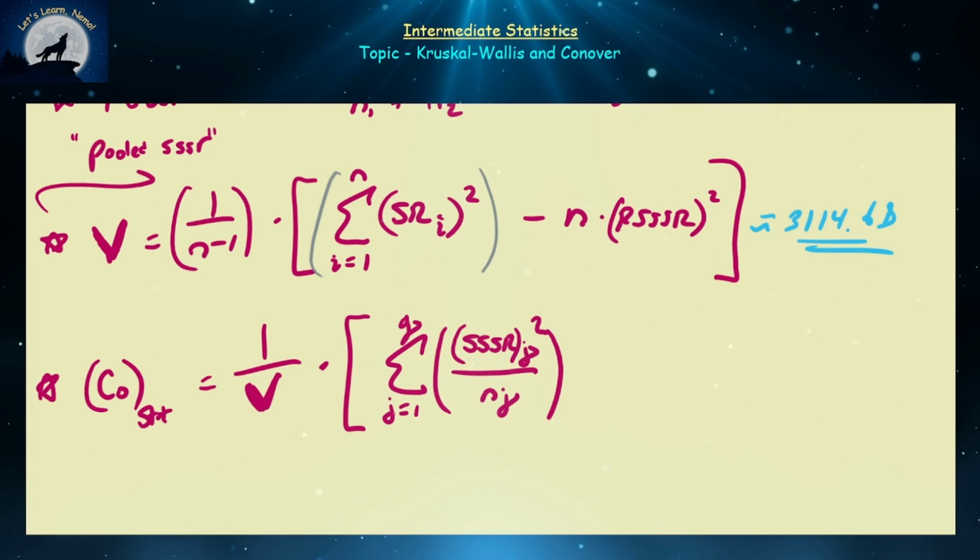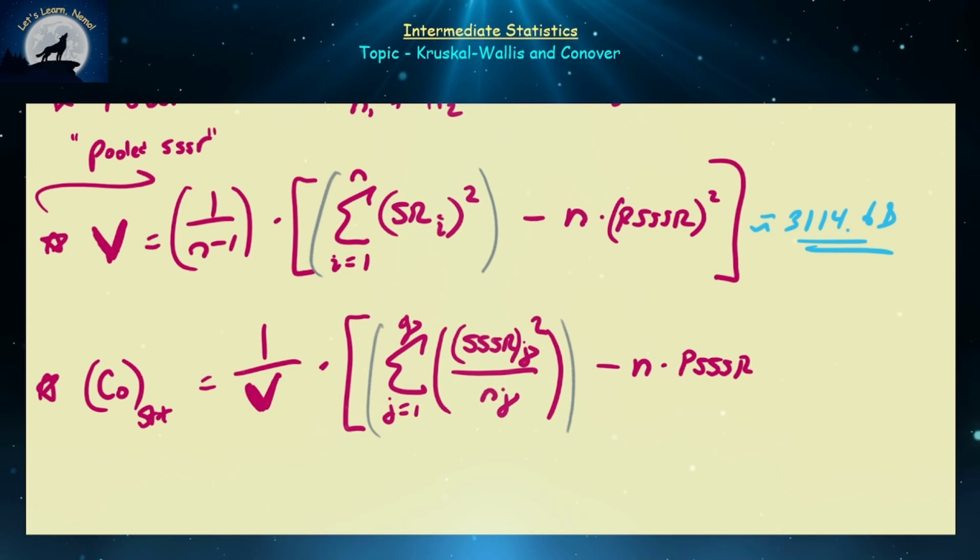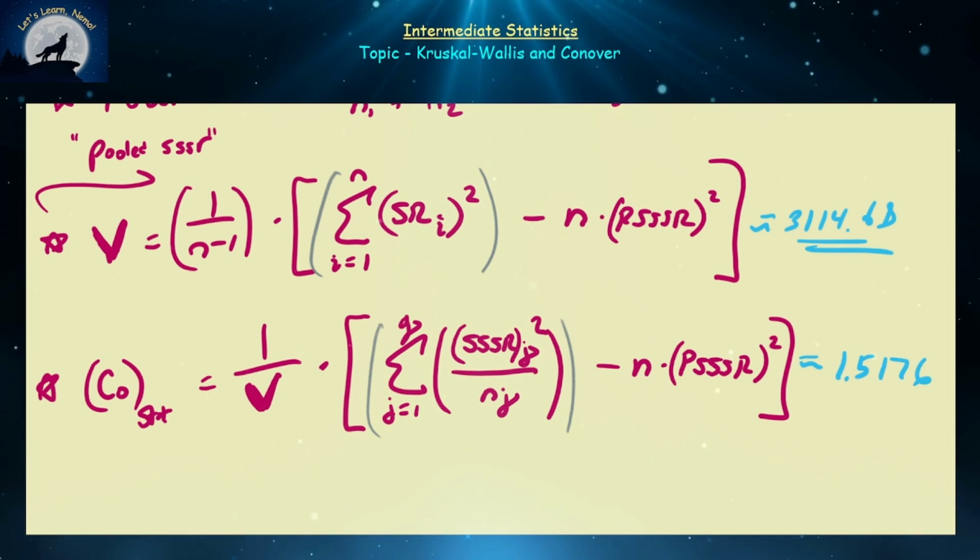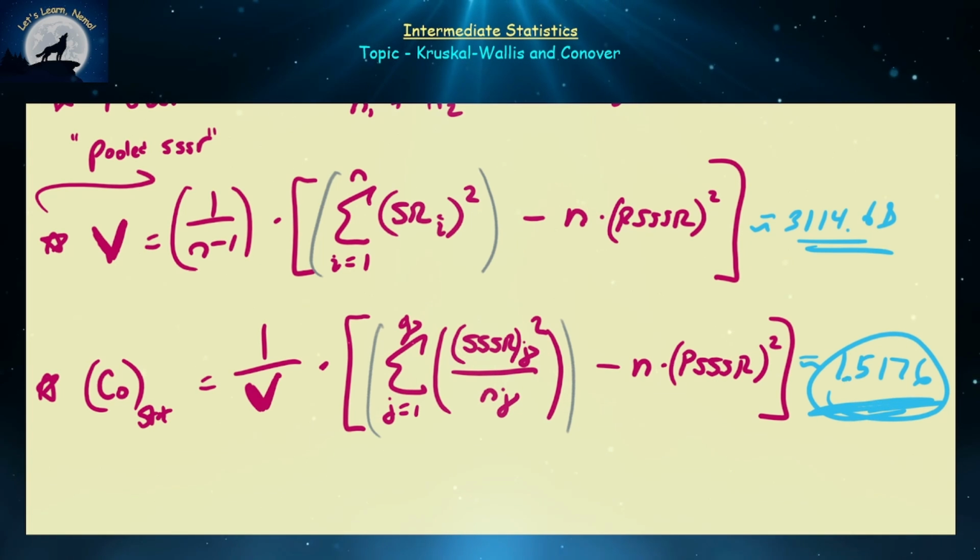Then you're going to subtract that from n times our PSSSR value, squared again. Once you calculate that, it's going to be approximately equal to 1.5176. So it's actually a very friendly looking number.